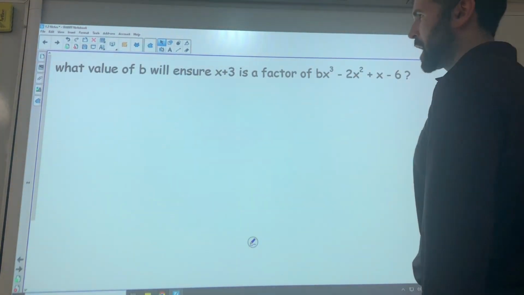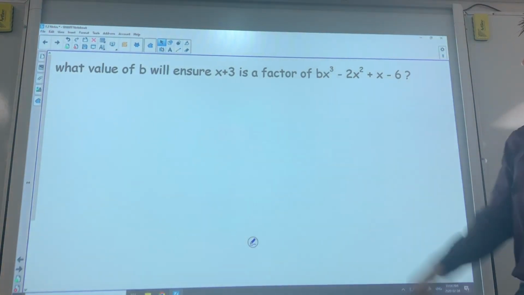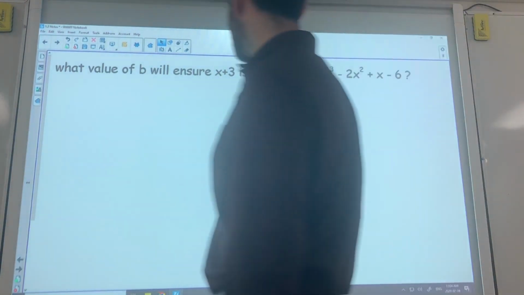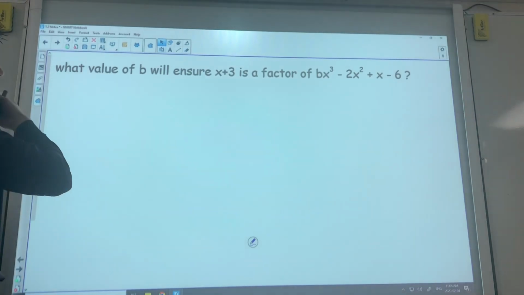So let's see, how would we know? What value of b will ensure that x plus 3 is a factor of that? Well, what does the factor theorem say? You could go backwards, it could be done other ways, but I'm going to do it this way just in case the numbers get complicated.